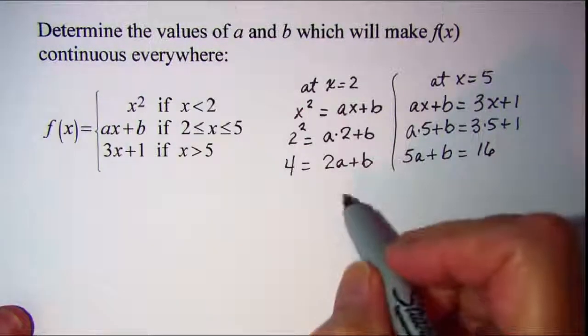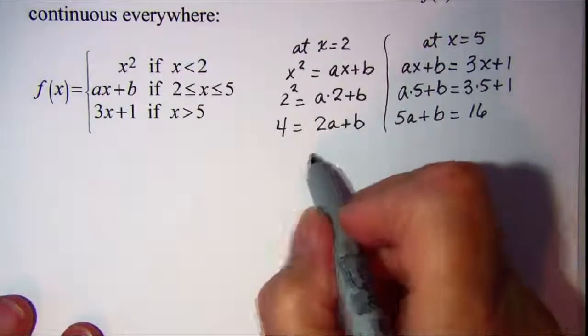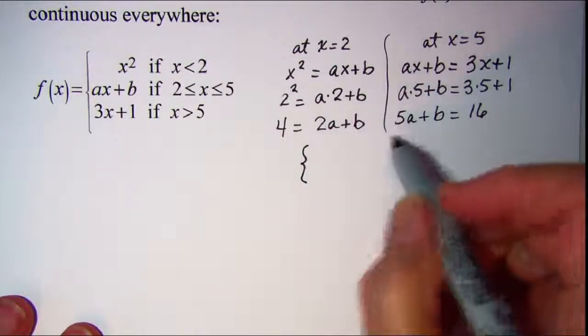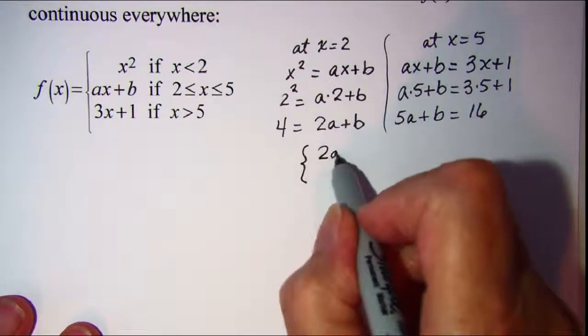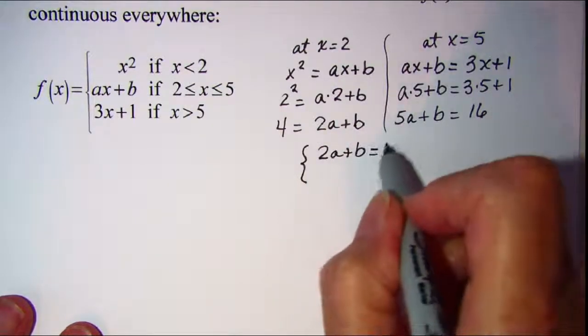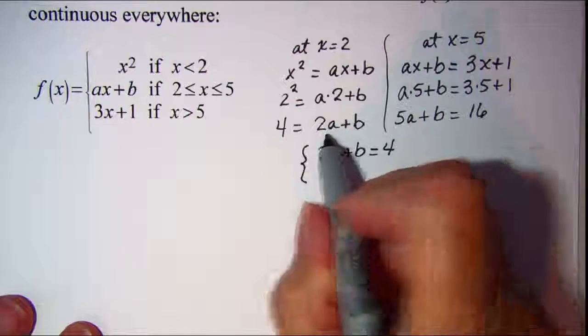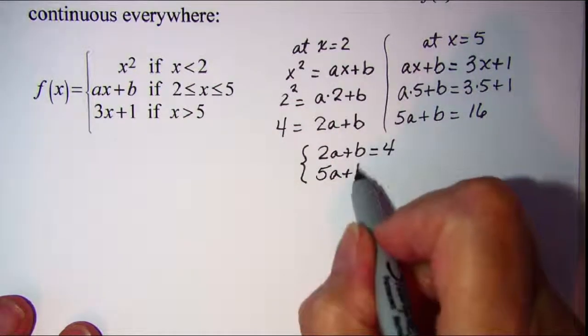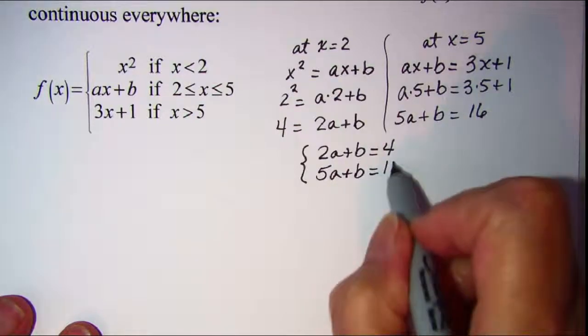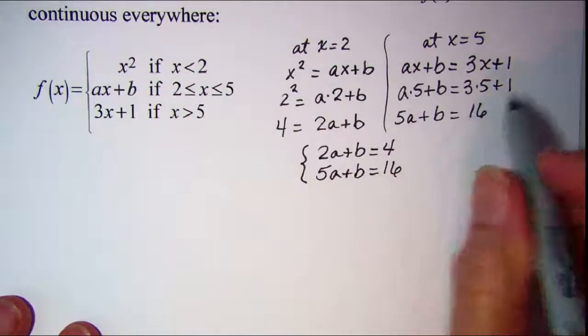So basically what we have here is a system of two equations in two unknowns. 2a plus b is equal to 4 from this side, and then 5a plus b is equal to 16 from this side.